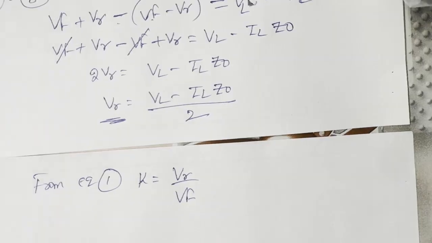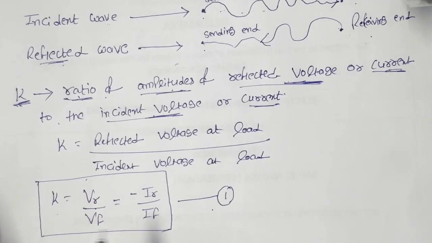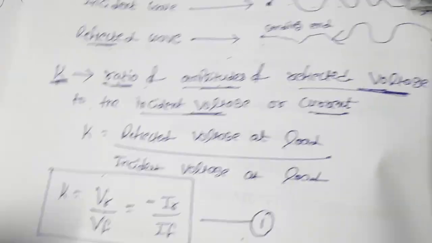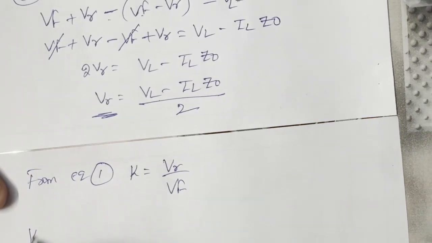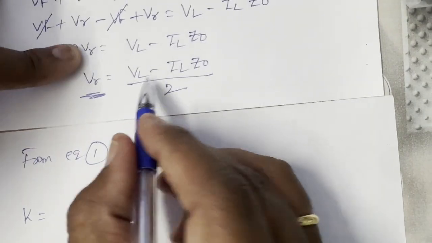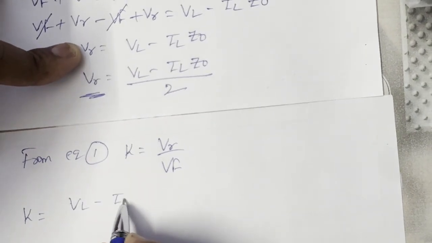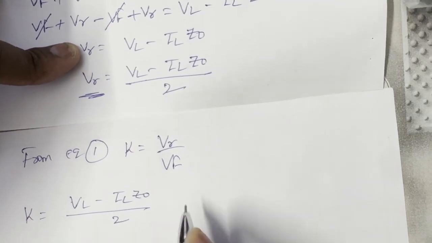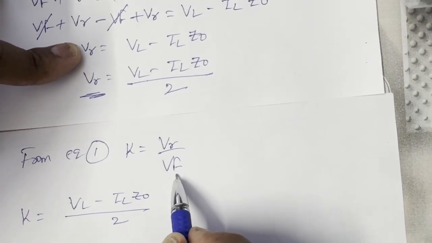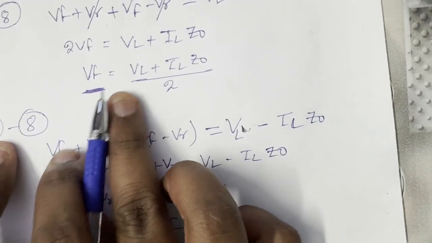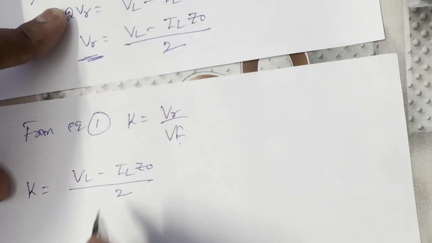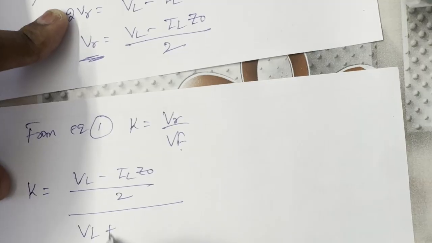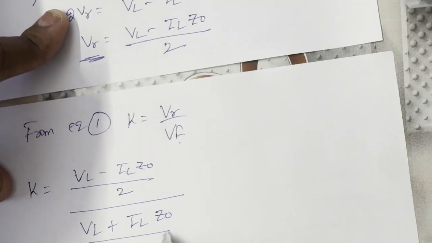The value of Vr is VL minus IL Z0 by 2, divided by Vf, which is VL plus IL Z0 by 2.